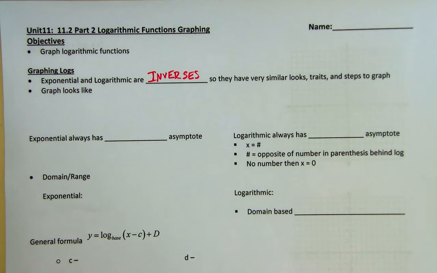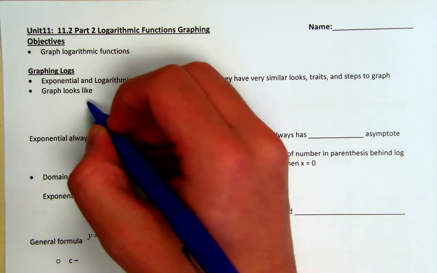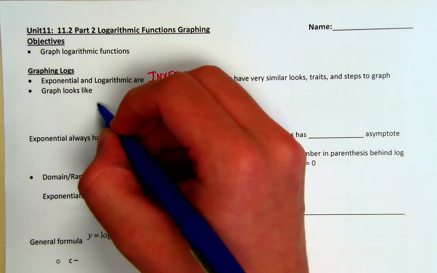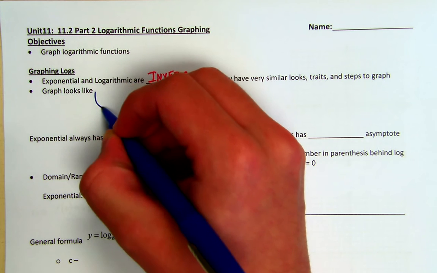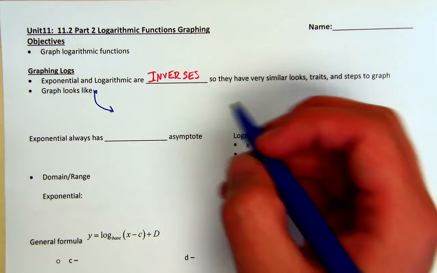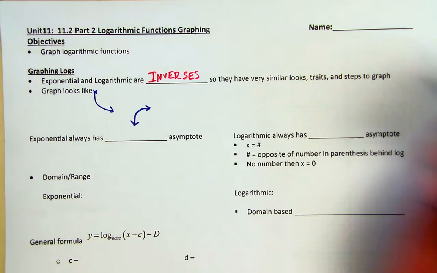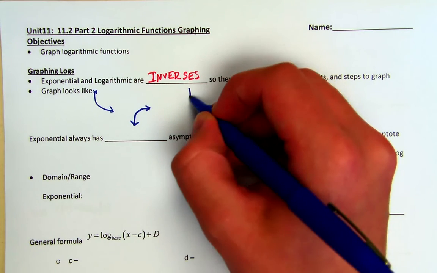Logarithmic graphs are very similar to exponential graphs, except they're approaching an asymptote that is going to be vertical instead of horizontal. So instead of approaching from the left and right, we approach the asymptote from the bottom, or on the other side of it.